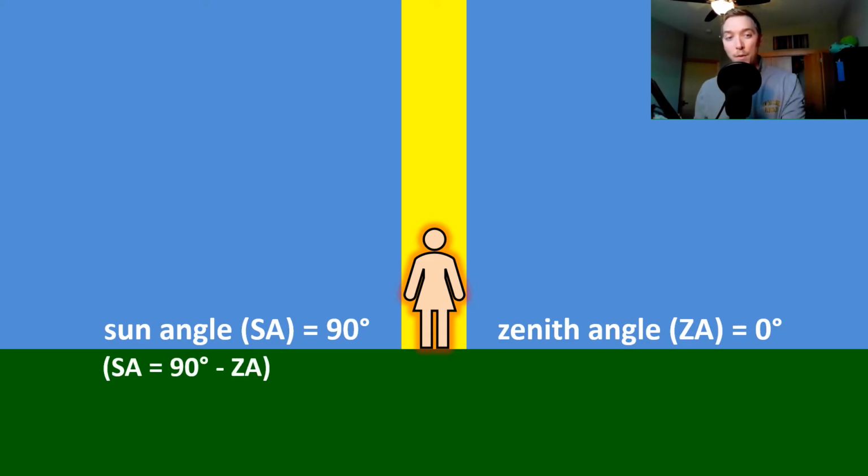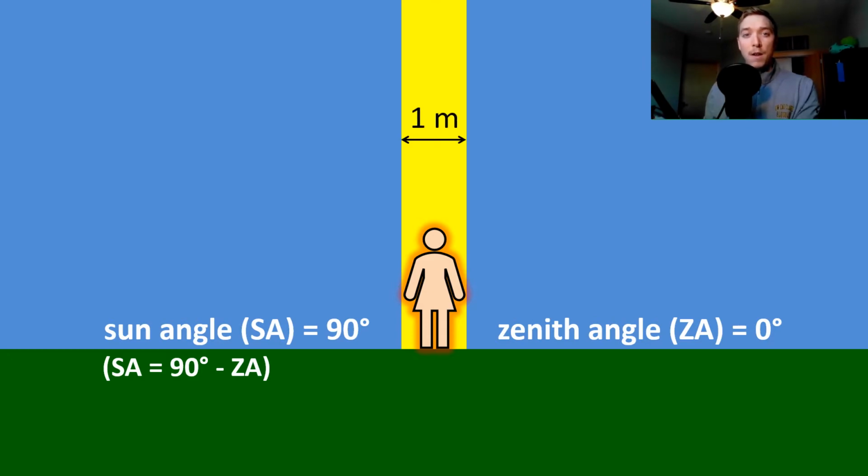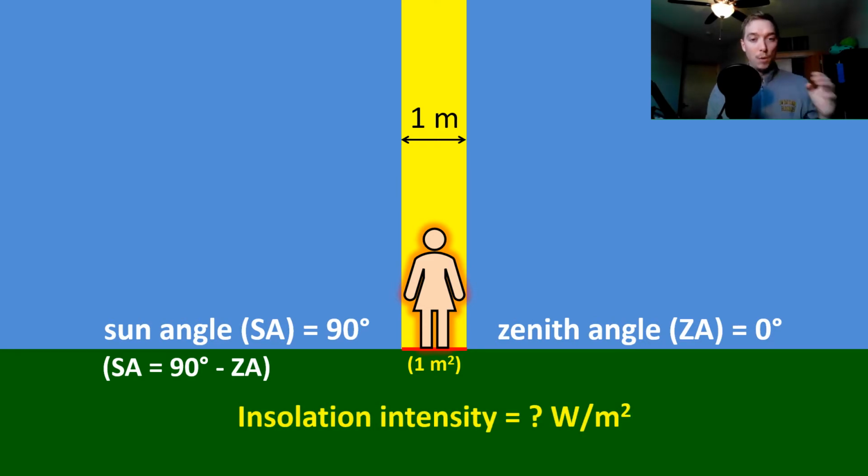To get that sun angle, you just subtract the zenith angle from 90. So 90 degrees minus the zenith angle to get that offset. And then we like to look at this in terms of a 1 meter square, so it's easily quantifiable. For any given 1 square meter on our planet, this is how much radiation is coming in. So what's the insolation intensity here at this point?